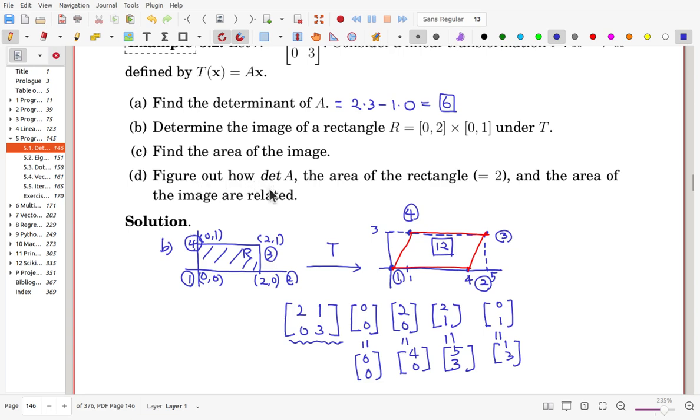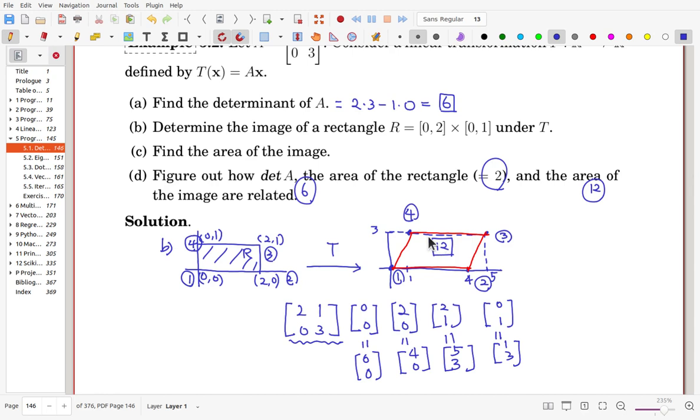Now figure out how the determinant of A, which is 6, the area of the rectangle, which is clearly 2, and the area of the image, which is 12, are related. You can see that 6 is the scaling from 2 to 12. 6 times 2 is 12, right? So in this case, the determinant of A is used as a scaling factor of area.